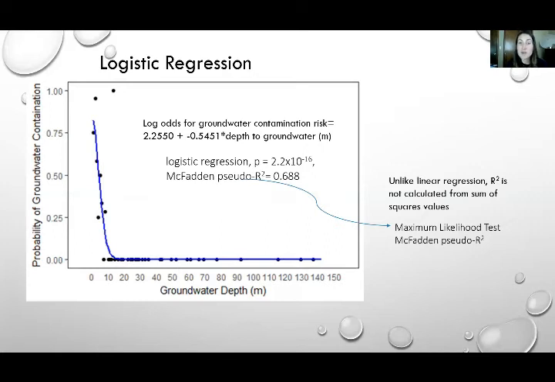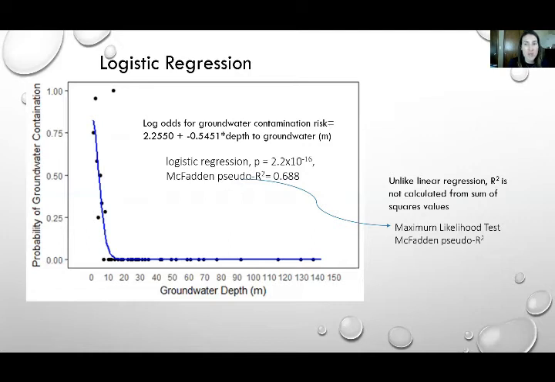It does something else, and it's called the maximum likelihood test. And because of that, there's a different sort of calculation to get at the same sorts of ideas of what an R-squared would give you. And it's called a McFadden pseudo R-squared.